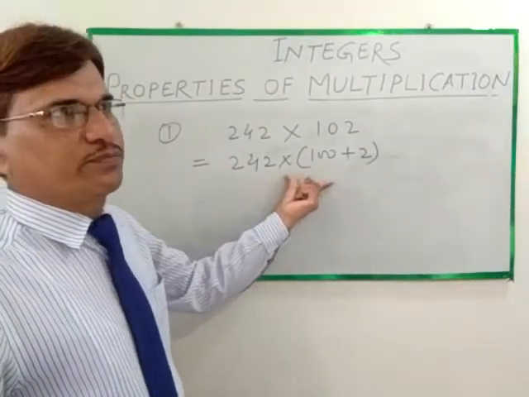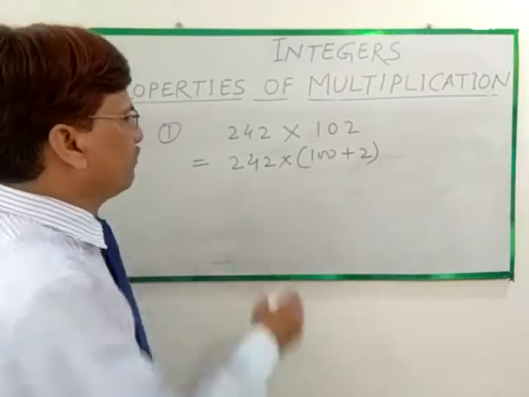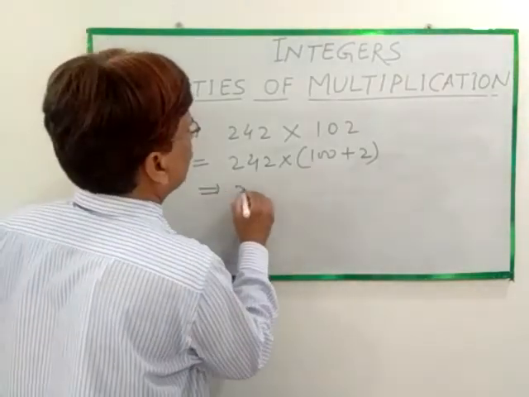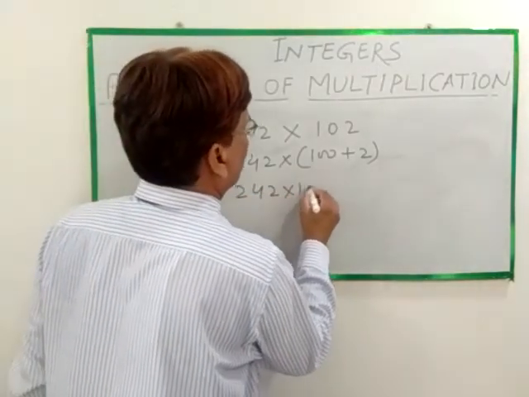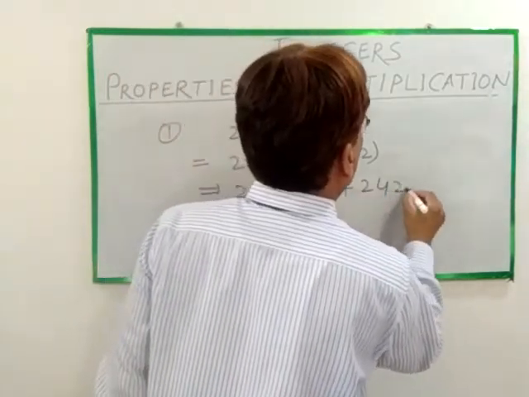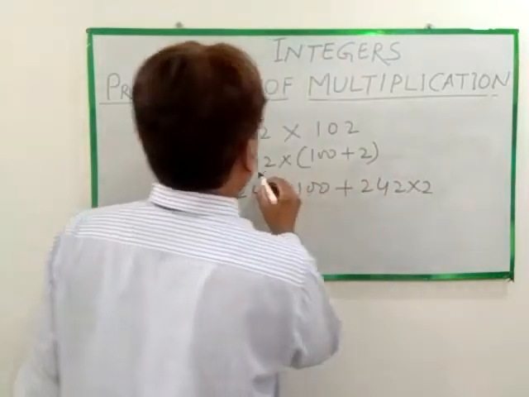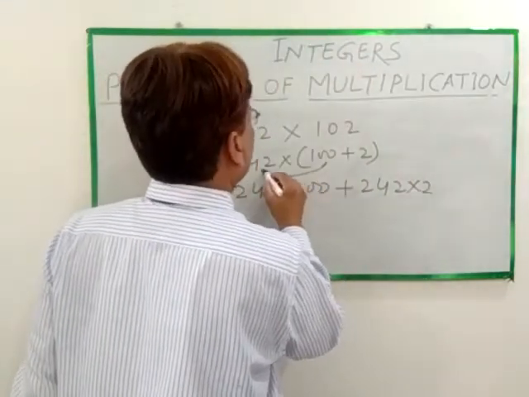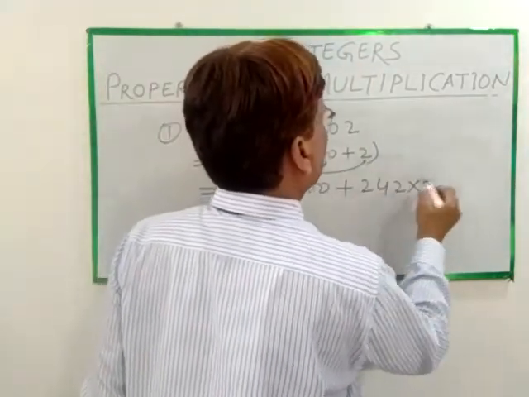It is the form of distributive property. 242 into 100, and now 242 into 2.